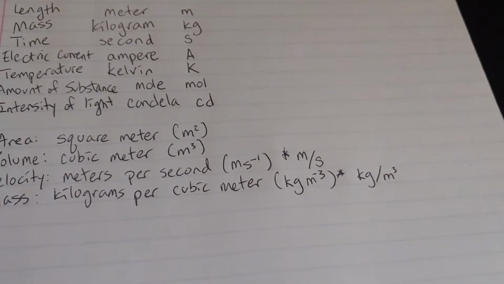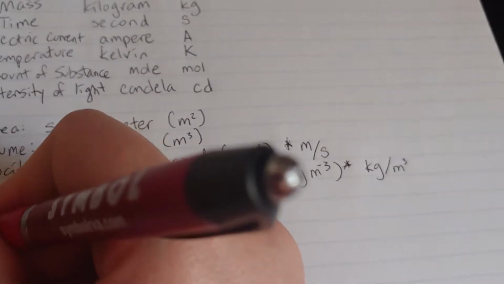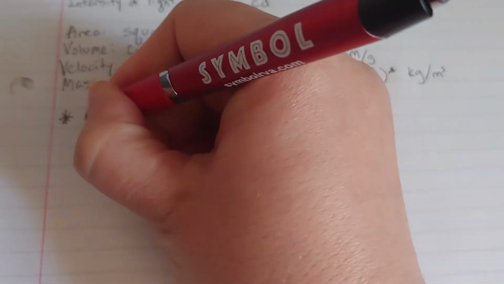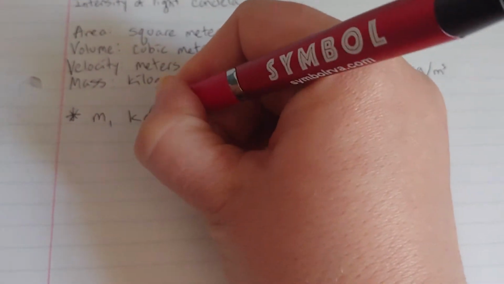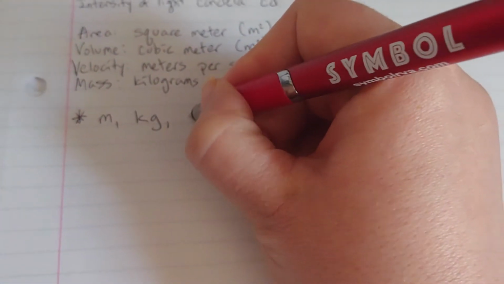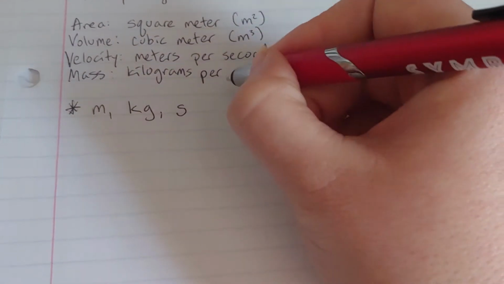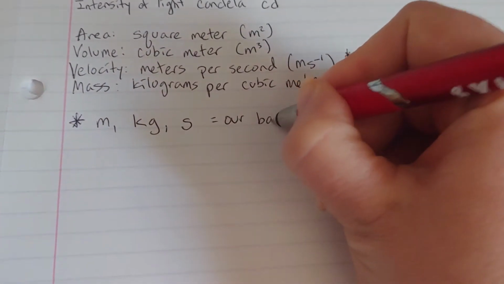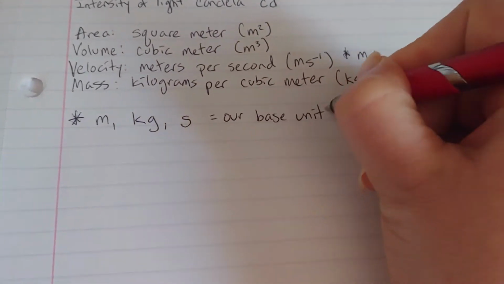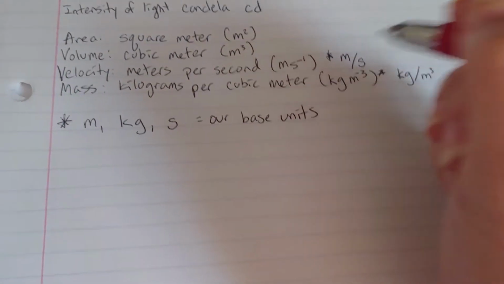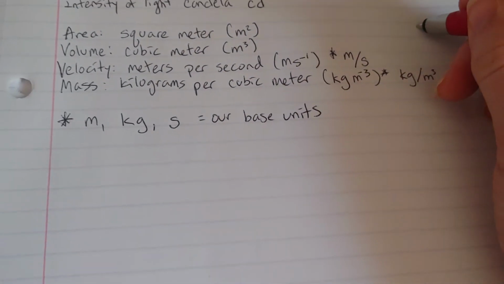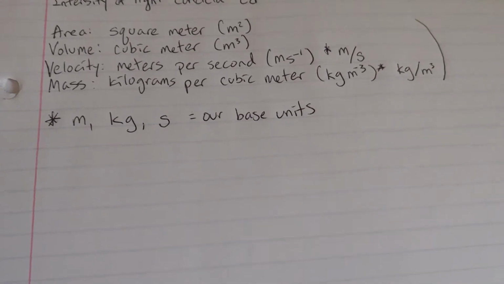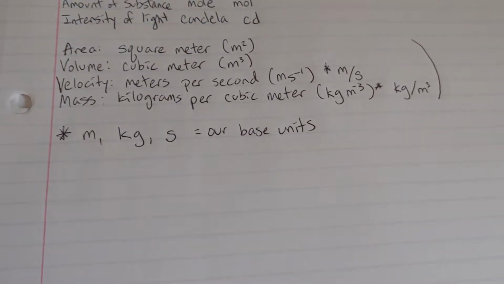All right. So for us, the big ones that we want are meters, kilograms, and seconds for our base units. And then we will be using basically all 4 of the derived units.